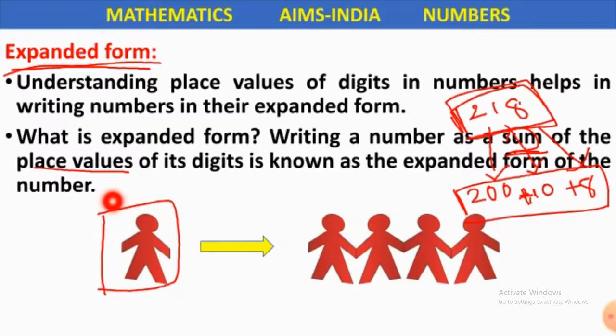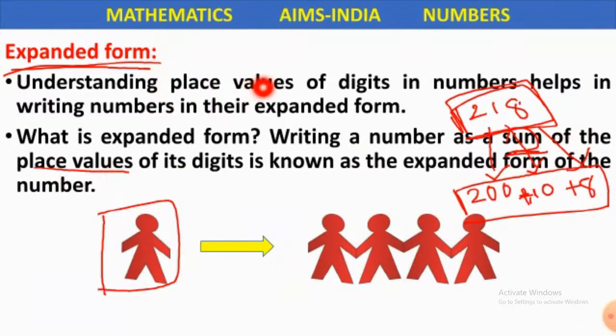This is how expanded form works. We take a small number and we write it as such a big number as a sum of its place values. Okay children, understood? Expanded form is the sum of its place values.